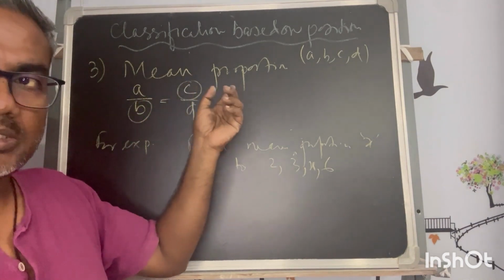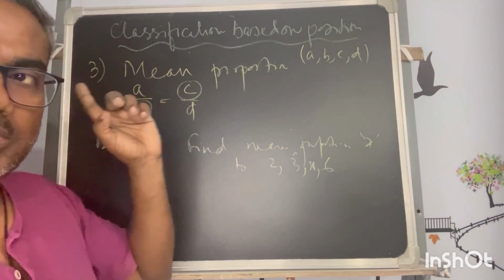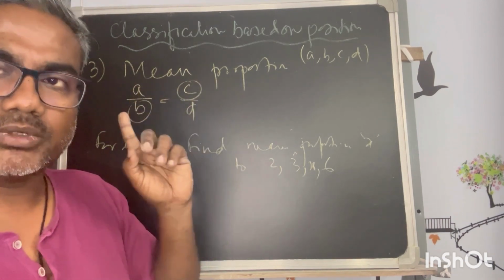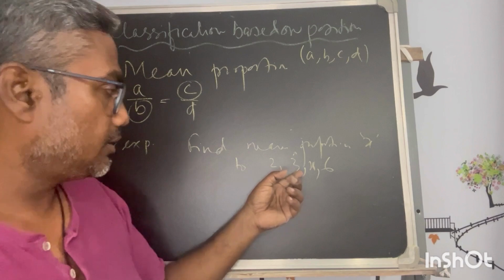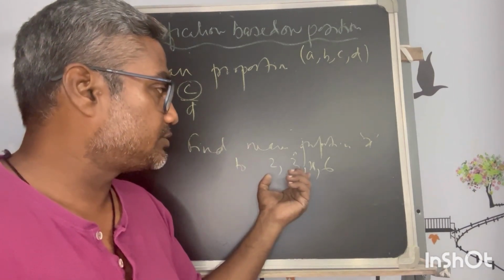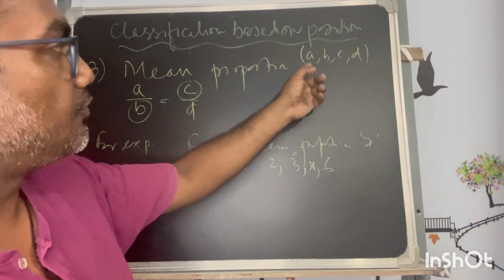You have to have one unknown, because there is only one equation, so you can solve for only one unknown. So it must be mentioned which mean you have to find, because both are means among all four.